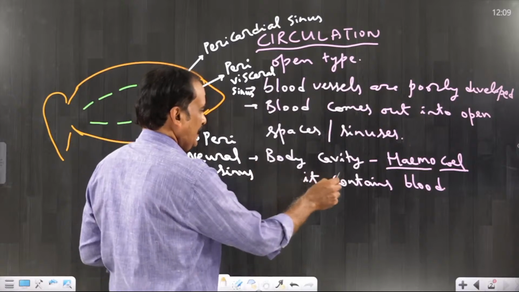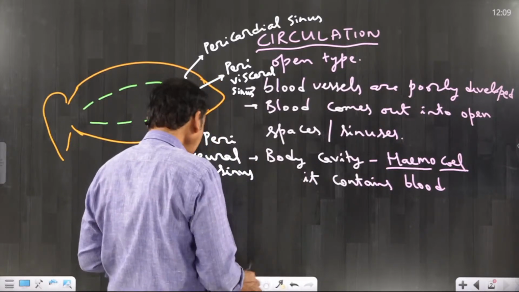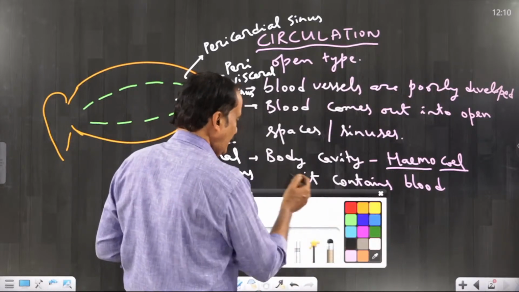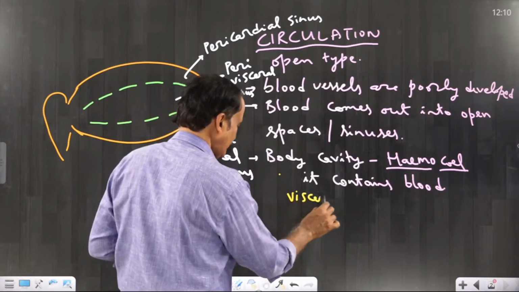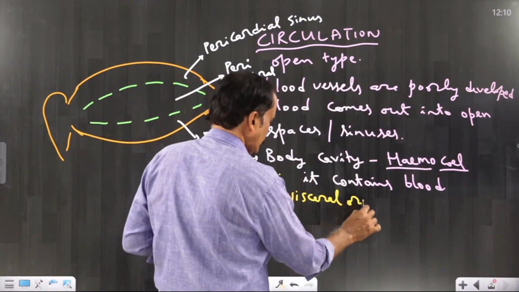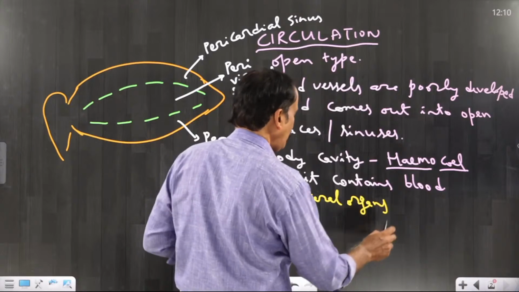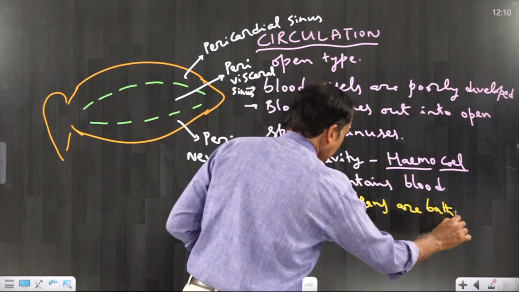The cavity is the hemocoel, it is divided into 3 sinuses, and in this you will find the internal organs or visceral organs. All the internal structures can be called visceral organs.